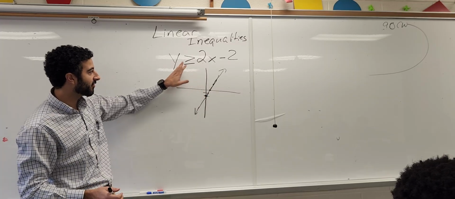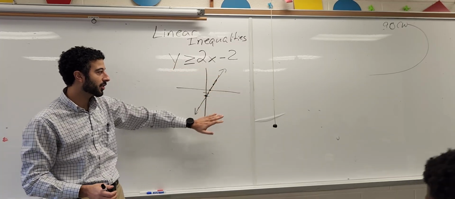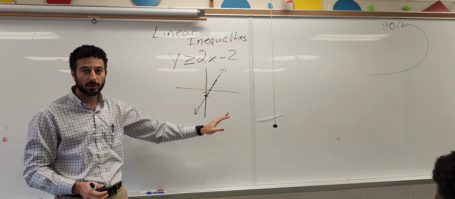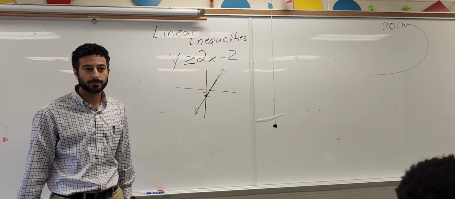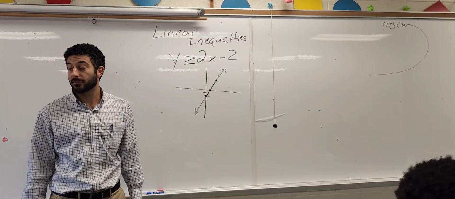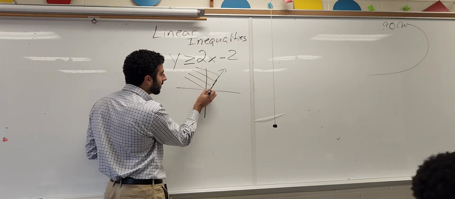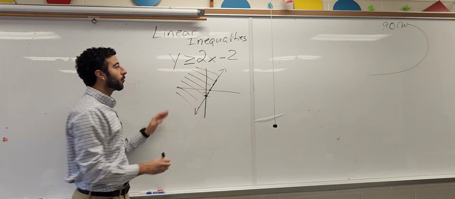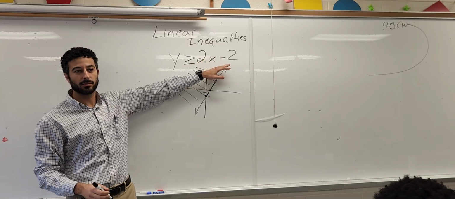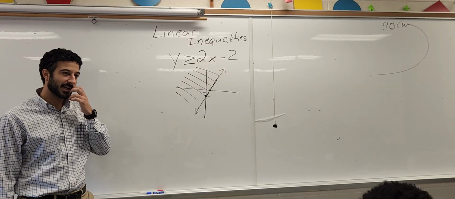Based off y is greater than or equal to 2x minus 2, should I shade above or below the line? Above, because it's greater. So you shade the region above the line, and that represents y is greater than or equal to 2x minus 2. So that's the concept.